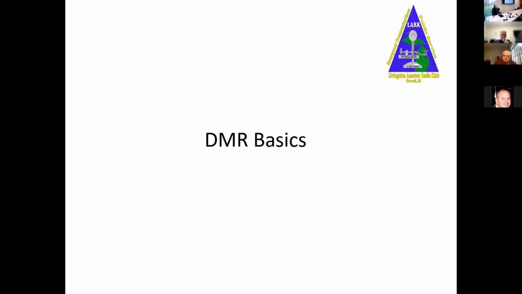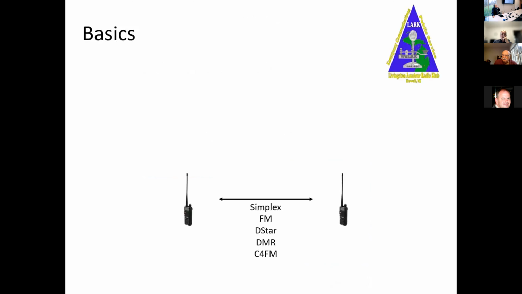Okay, so DMR basics. First of all, let's talk about radio basics. The very basic is simplex. You can run simplex radio to radio with FM, D-Star, DMR, C4FM. Everybody understands this.